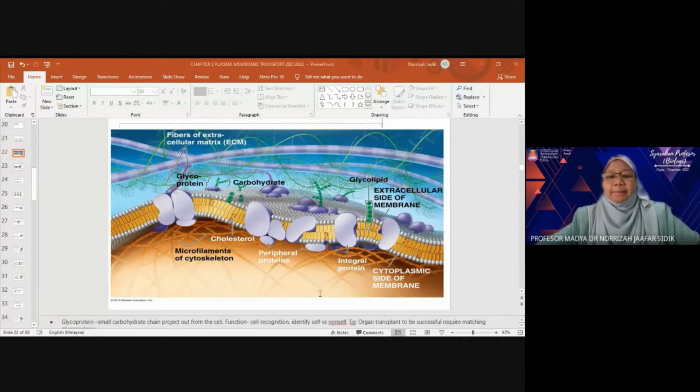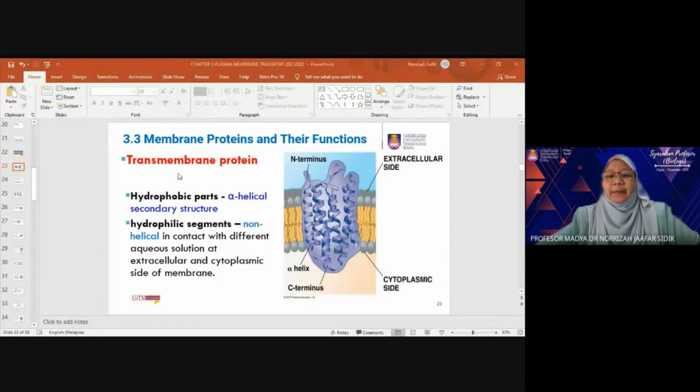The transmembrane proteins, if you look at the figure here, have hydrophobic parts with an alpha helical secondary structure. These are the hydrophobic parts.